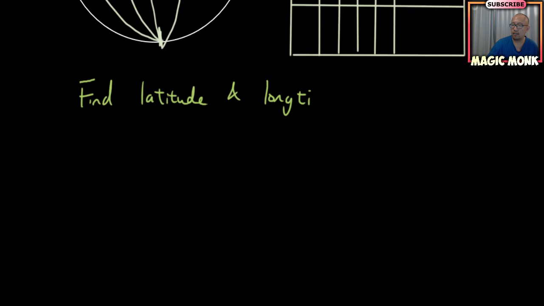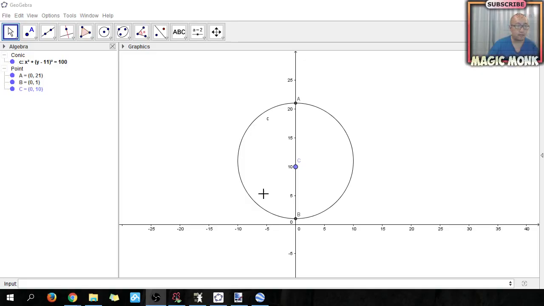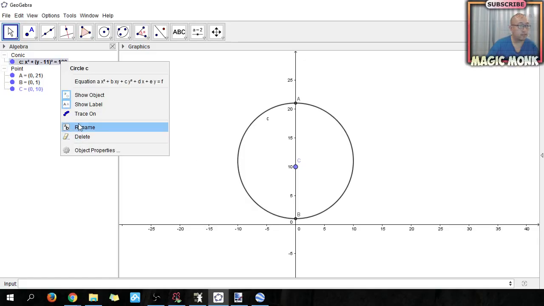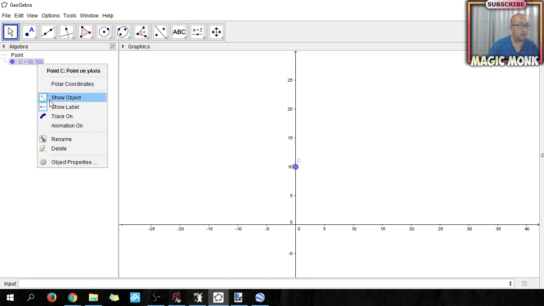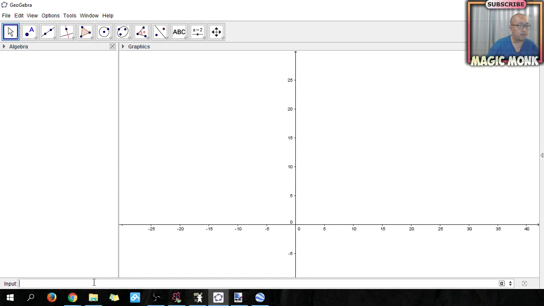Well, let's just graph that first. Let's delete all that. 3 to the power of x is bigger than 4.